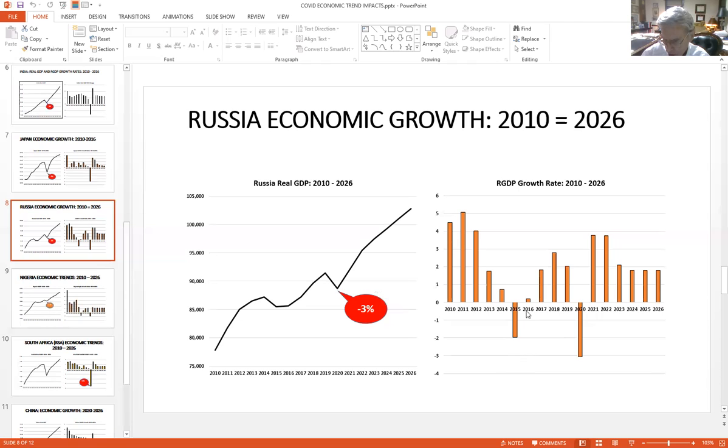But you can see back here in 2015 and 16, this drop that occurred. And then in 2020, Russia got hit again, but not as severely. And as the European economy recovers, the IMF projects that Russia's economy will recover as well.